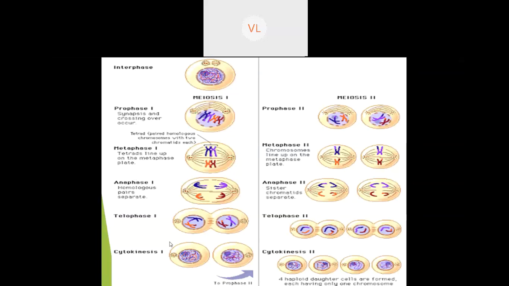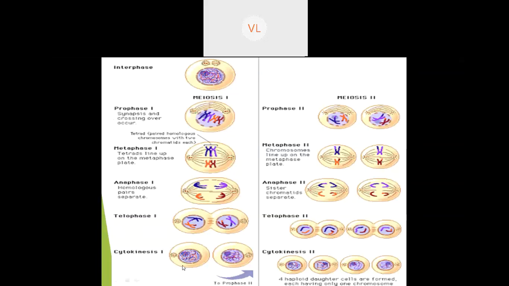Cytokinesis. Okay. In cytokinesis 1, what will happen? In the first phase, that means prophase 1, metaphase 1, anaphase 1, telophase 1, after all these phases, always remember 1.